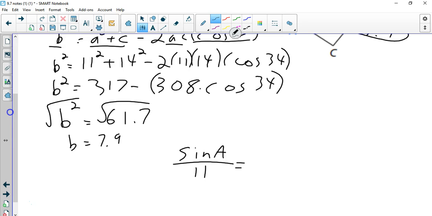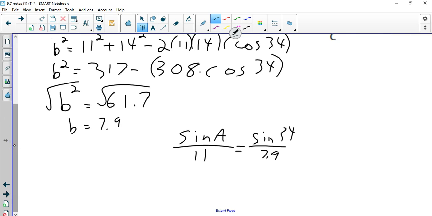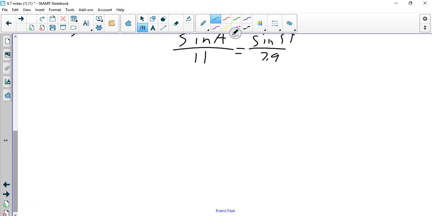But here's my magic ratio: sine of 34 over 7.9. Now, again, we're just going to cross multiply and solve. So 7.9 times the sine of A, which we don't know yet, equals the sine of 34 times 11. Now, I'm just going to divide by 7.9 to cancel.